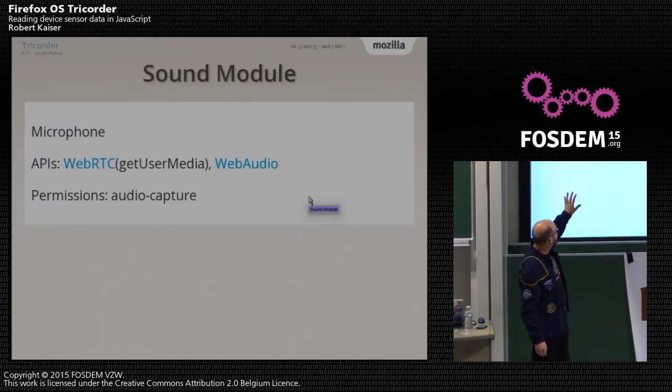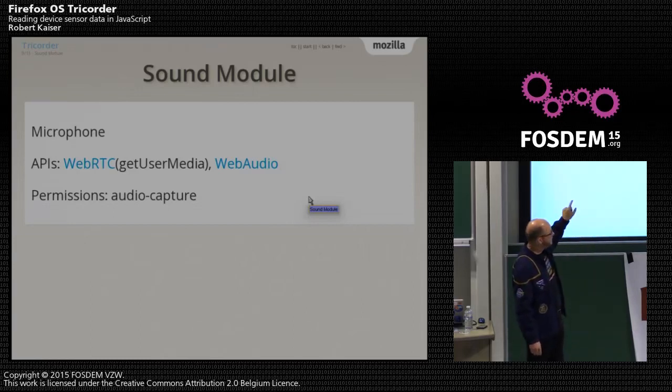For getting the microphone itself, we're using WebRTC, or the getUserMedia piece of WebRTC. For analyzing, I'm using Web Audio, which is a pretty new standard, but it's extremely powerful. What you're seeing is a very small piece of what it can do.